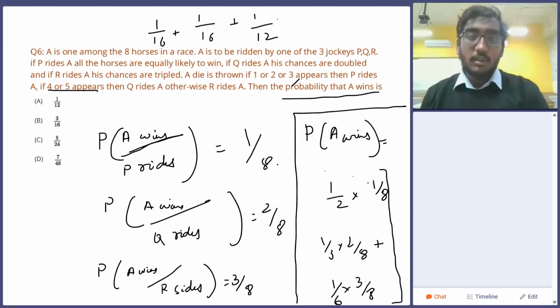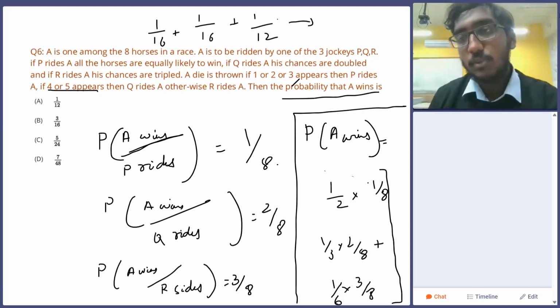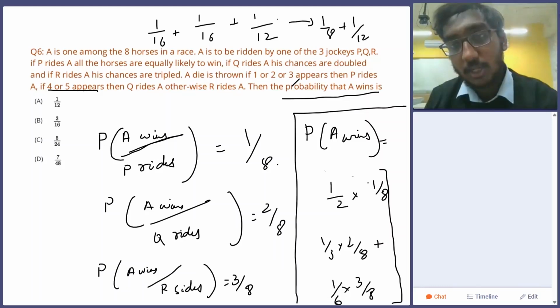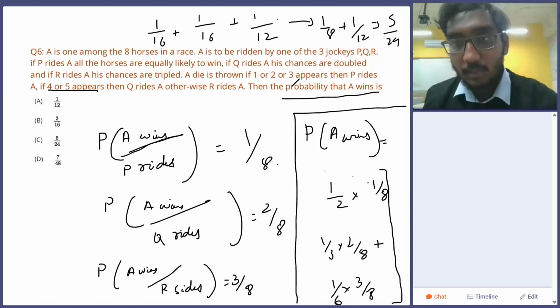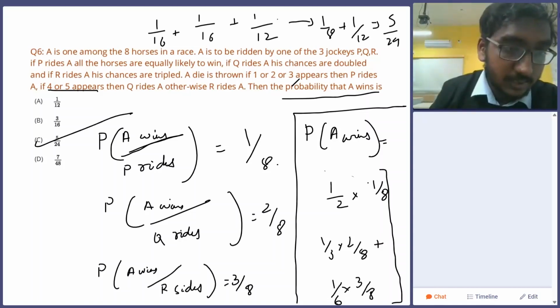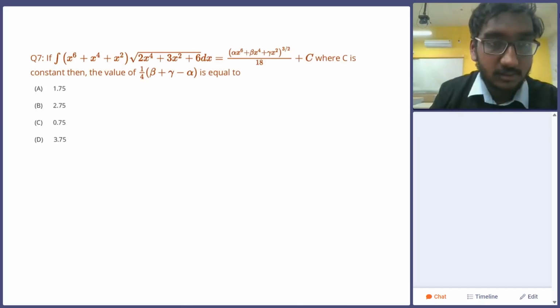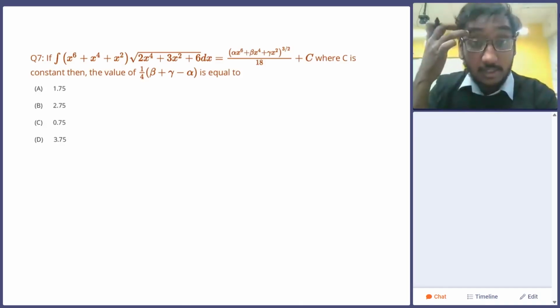Okay. 1 by 12. So what will be the value? This will be 1 upon 8 plus 1 upon 12, right? That will be same as what? 5 by 24. Okay. 5 by 24. So that is answer C. Okay. Yes. So yes, this is the 7th question. It's based on integrals. Okay.